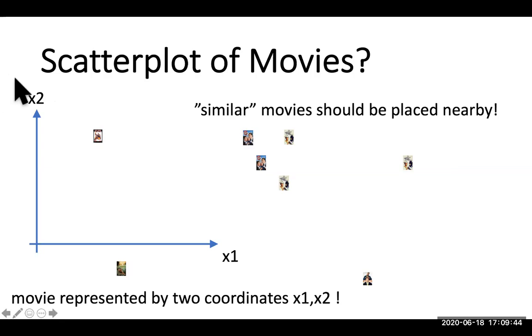But in general, these will be highly abstract quantities, so it's not easy to interpret them by simple characteristics. But feature learning methods don't care. They just learn two features given a certain criterion, and we can then use these two features to represent high-dimensional data points as a scatter plot.